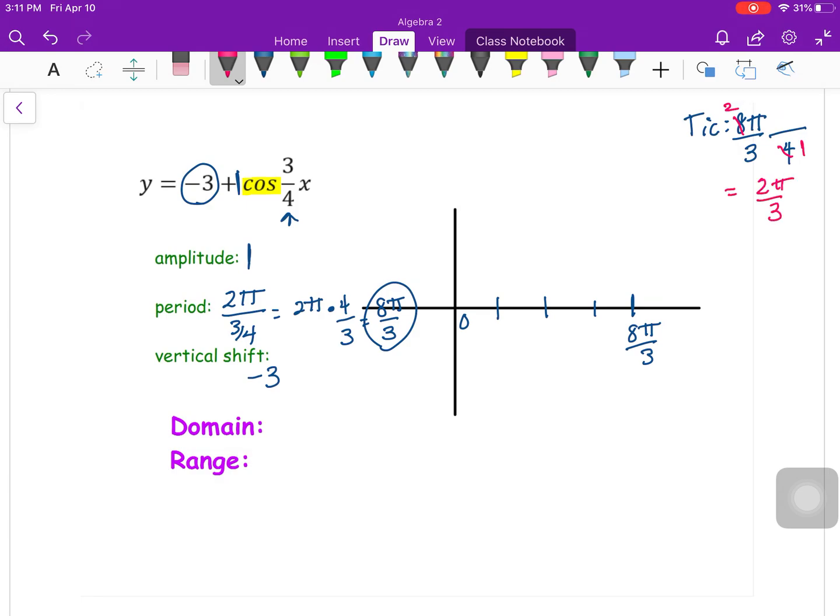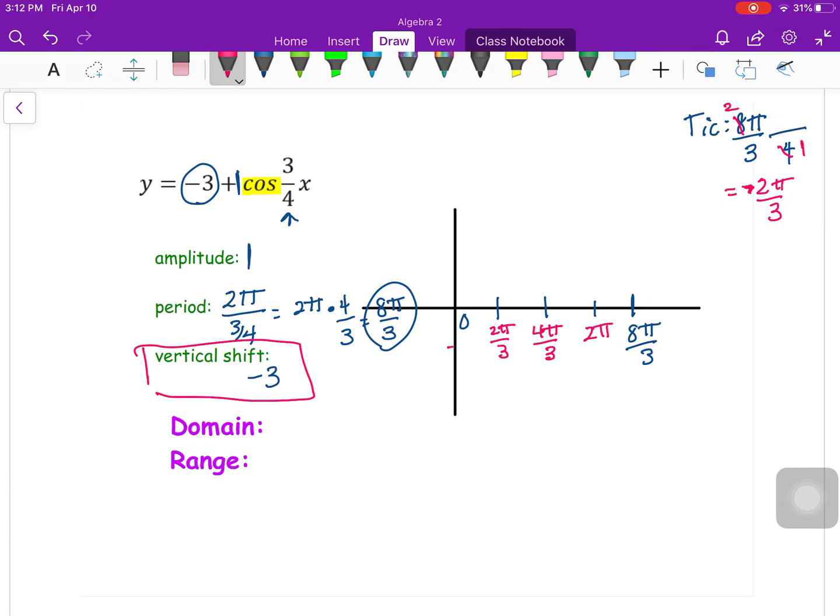Every tick mark will be 2 pi over 3 units. So now instead of counting by 1 pi over 3, 2 pi over 3, 3 pi over 3, we're counting by 2's. So this is 2 pi over 3, 4 pi over 3, 6 pi over 3, which reduces to 2 pi, 8 pi over 3.